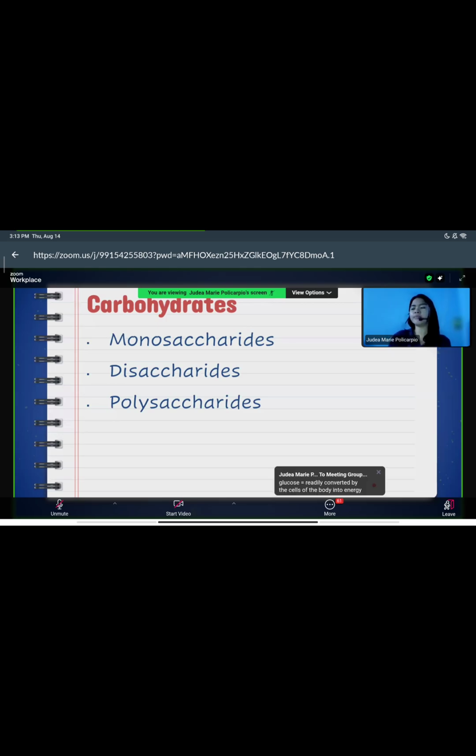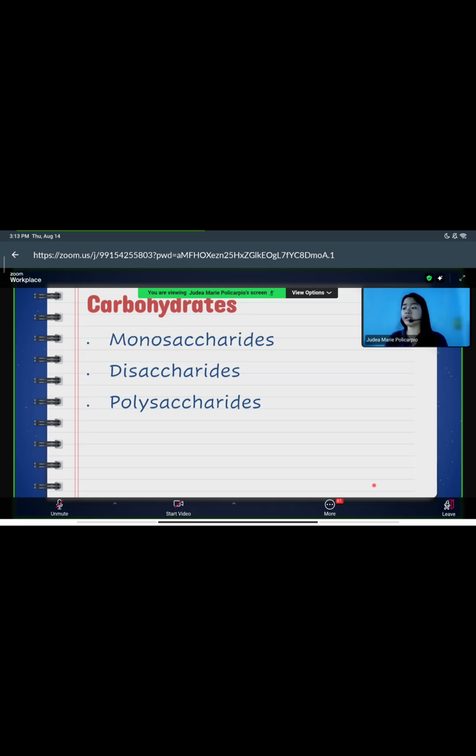Sino lang pala yung direktang nako-convert ng katawan natin into energy? The only sugar pala that is readily, immediately converted by the cells of the body into energy ay itong ating glucose. Okay? Kaya usually, kapag fluid, usually if the IV or the intravenous na infusion has to contain sugar, most likely glucose ang laman nun.